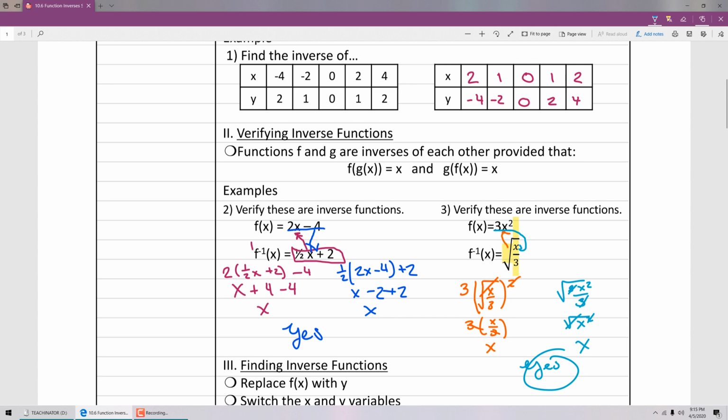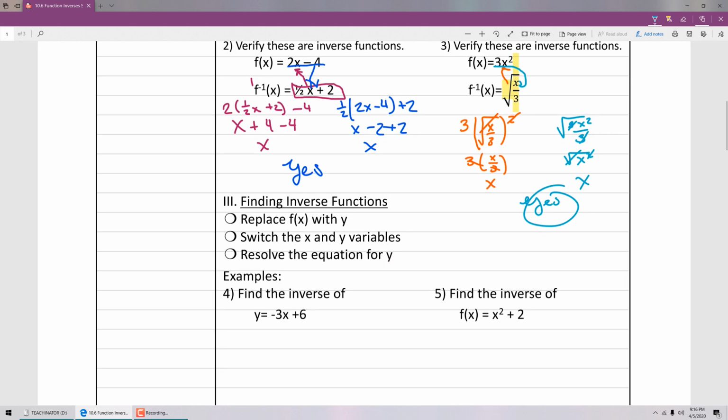Okay, so all of this is a review, as well as this here. So finding the inverse here, we are going to replace f of x with y if it is an f of x. We're going to switch the x and y, and we're going to solve for y. And then we're going to need to write this as the inverse.